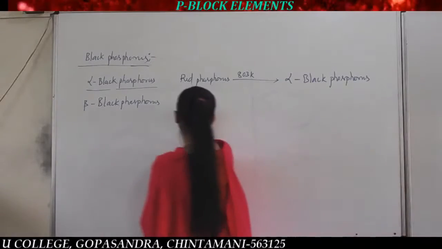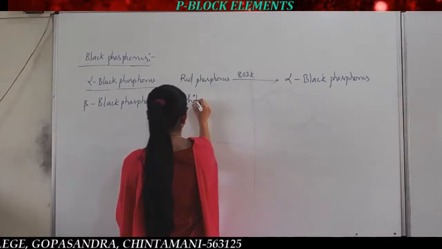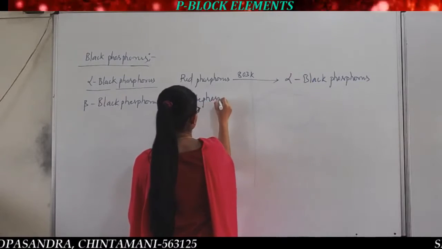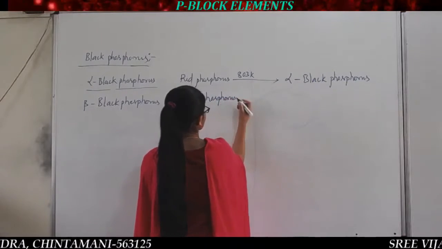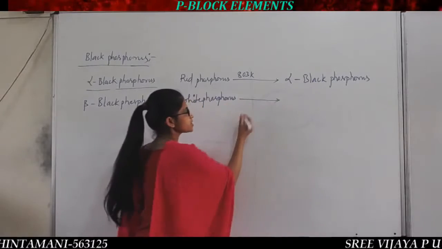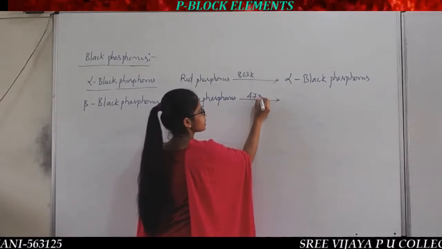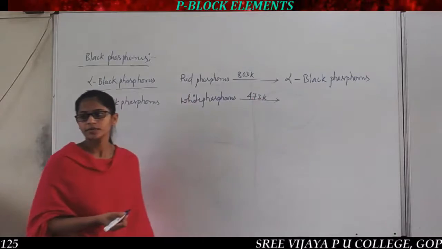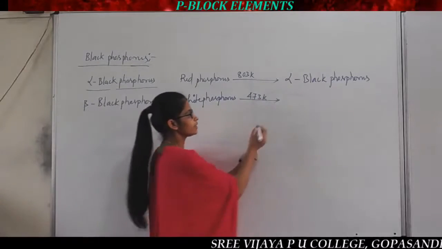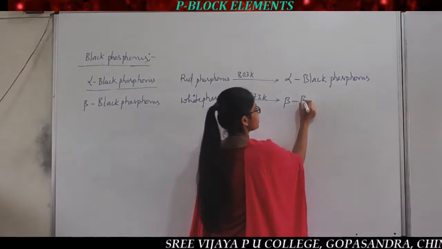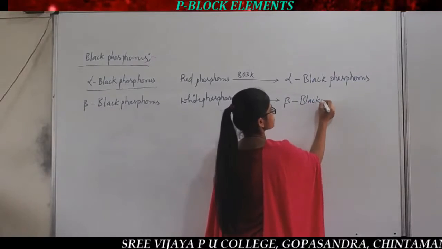Again taking white phosphorus, white phosphorus heated at 473 Kelvin gives rise to beta black phosphorus.